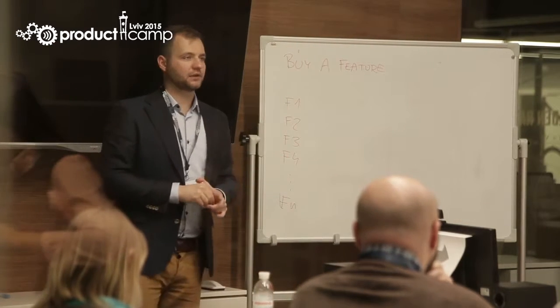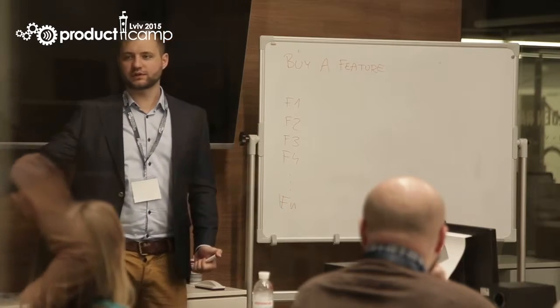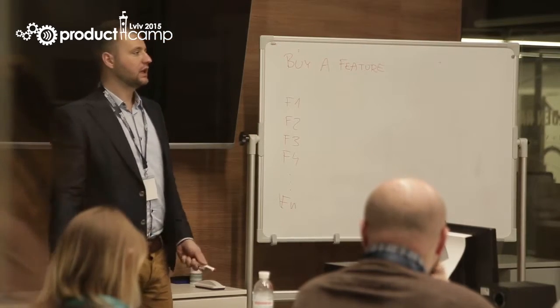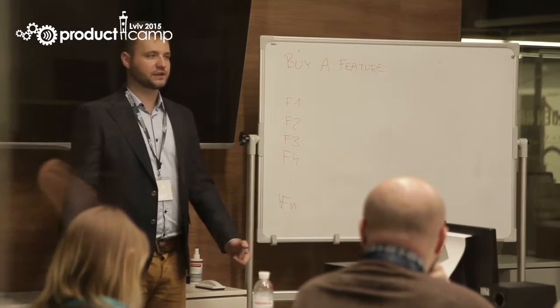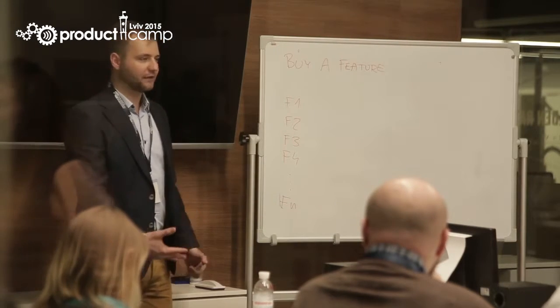It might be either a set of users from user community, or a set of stakeholders, why not, a set of managers, a set of customers, whatever you have actually.